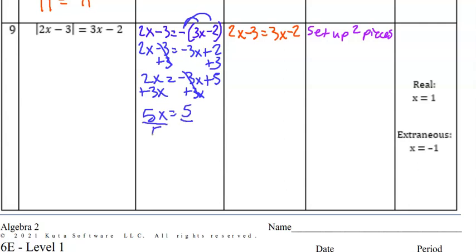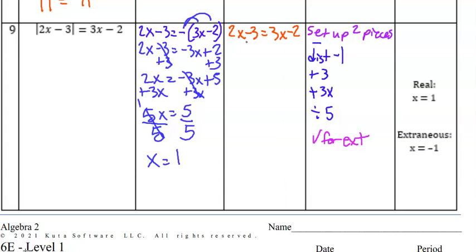Divide each side by 5 to get the x by itself. 1x equals 1. Okay, now let's do our positive piece. Let's add 2 to each side. So 2x minus 1 equals 3x. Subtract 2x from each side. Negative 1 equals x.